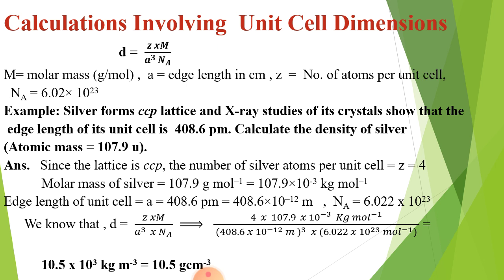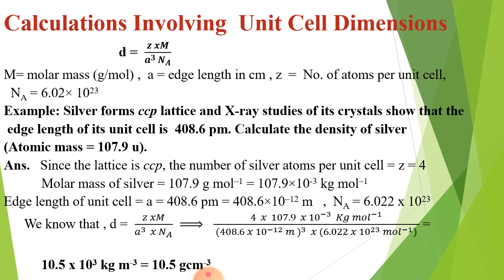Now the last topic of this part, calculations involving unit cell dimensions. One numerical based on this formula may be asked for 3 marks. Here the formula is given and one example is given to relate this formula. The formula is d equal to Z multiplied by capital M divided by a cube multiplied by Na.